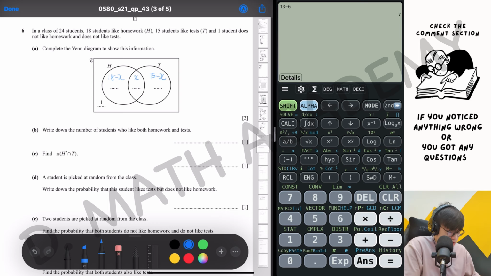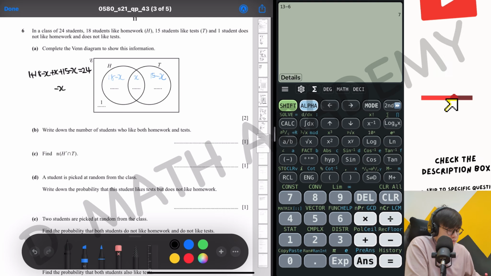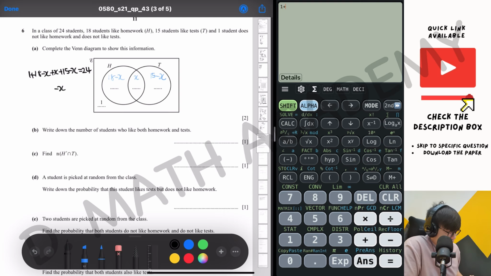Okay, so trace the results by running your calculation here. Add them up. 1 plus 18 minus x plus 15 minus x. It should result in 24. So from the answers here, you will get negative x as well as 1 plus 18 plus 15.